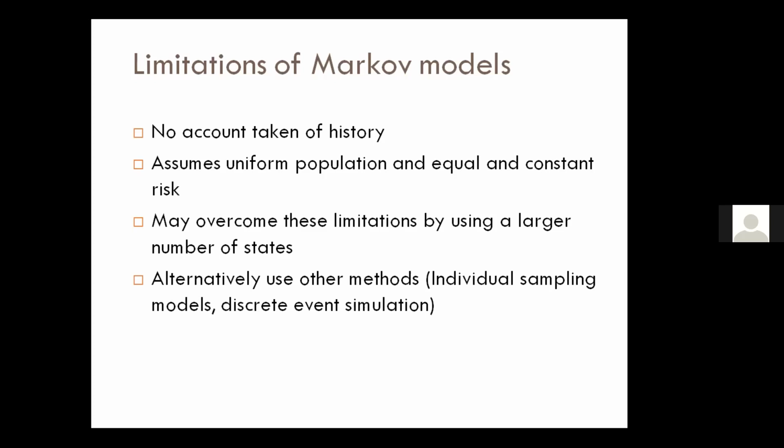According to the severity and the progression of the disease, you can have more states. And the more states you use, the more you can handle this problem. If not possible, there are other methods, individual sampling models, descriptive and similar. We talked about that, but we are not going to discuss those things here.